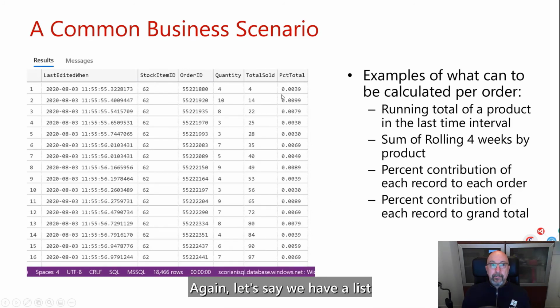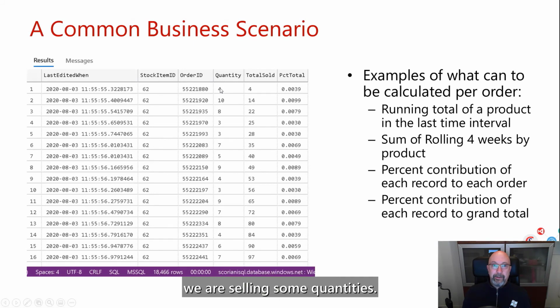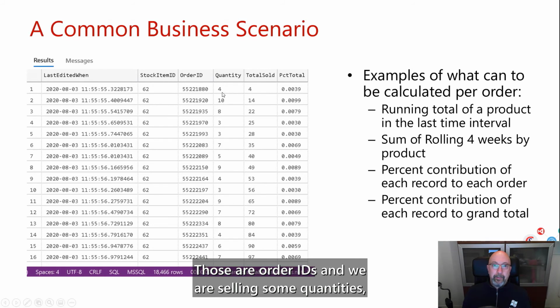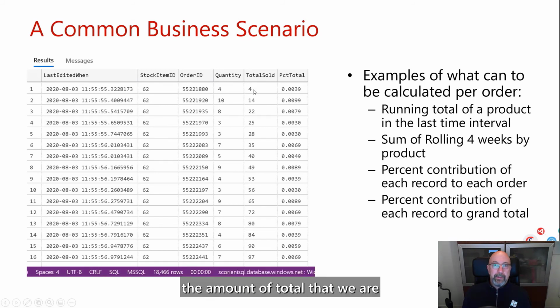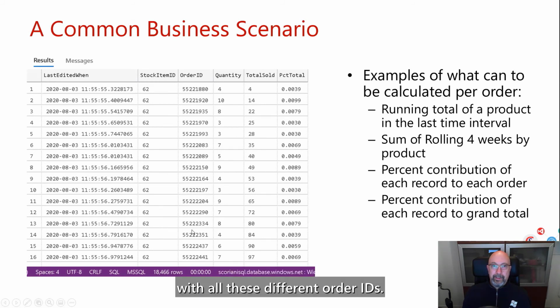So again, let's say we have a list of order line items here. For a given stock item in our catalog, we are selling some quantities, and those are the order IDs. We want to calculate the running total, the total amount that we are selling over a given time period, with all these different order IDs.